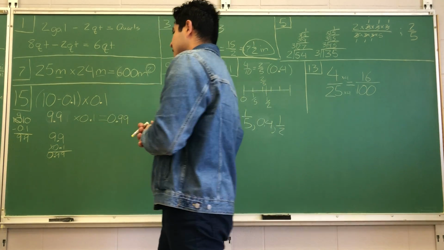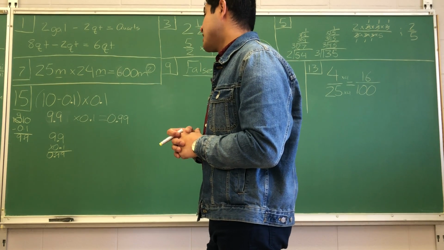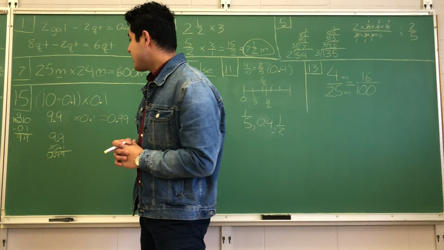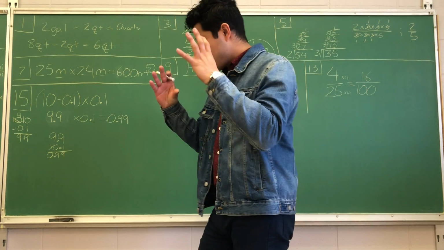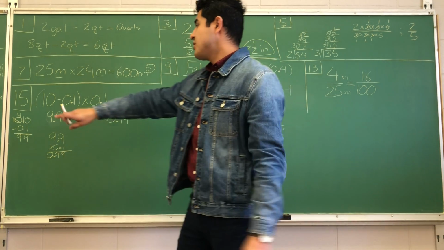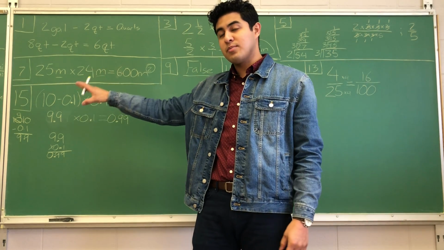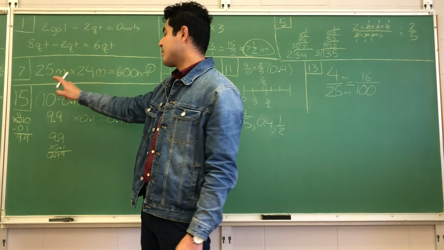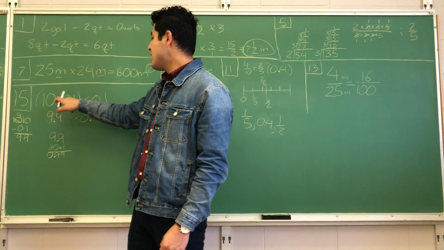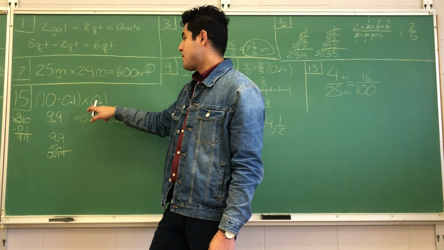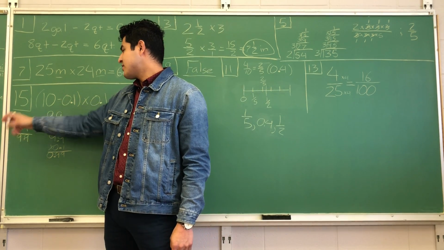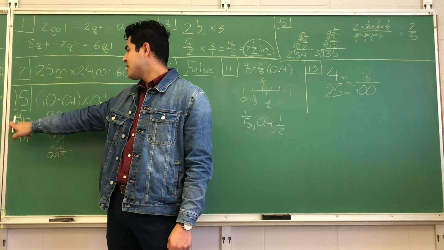Okay, our final question, we've got 10 minus 0.1 in parentheses times 0.1. As soon as you see the parentheses, the operation within the parentheses needs to be performed first. Okay, so we take 10 minus 0.1. I wrote it down here. I shouldn't have canceled it out, sorry.